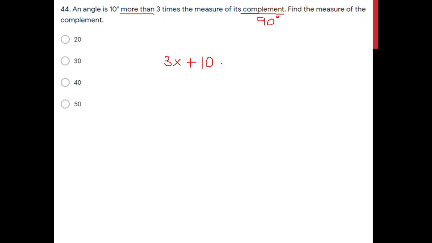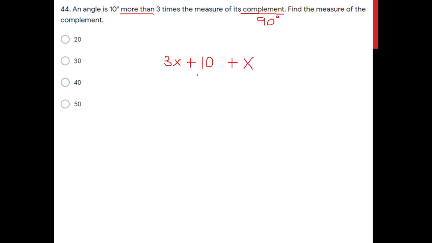So what will be the pair or the complement of this angle? Because you need to have another angle for them to become complementary angles. So x here stands for the other angle, because 3 times the measure of its complement, meaning x is the complement. So I'll just add another x here, plus x.